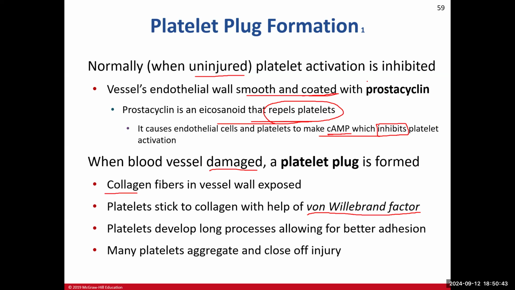Well, guess what? Since the endothelial cells are damaged, we no longer have to worry about prostacyclin inhibiting the platelets' ability to activate and start the clotting process. Because prostacyclin is out of the picture, because why? The endothelial cell in that area most likely is damaged, right? Because there's exposure of the connective tissue underneath. So we don't have to worry about the prostacyclin repelling our platelets there.